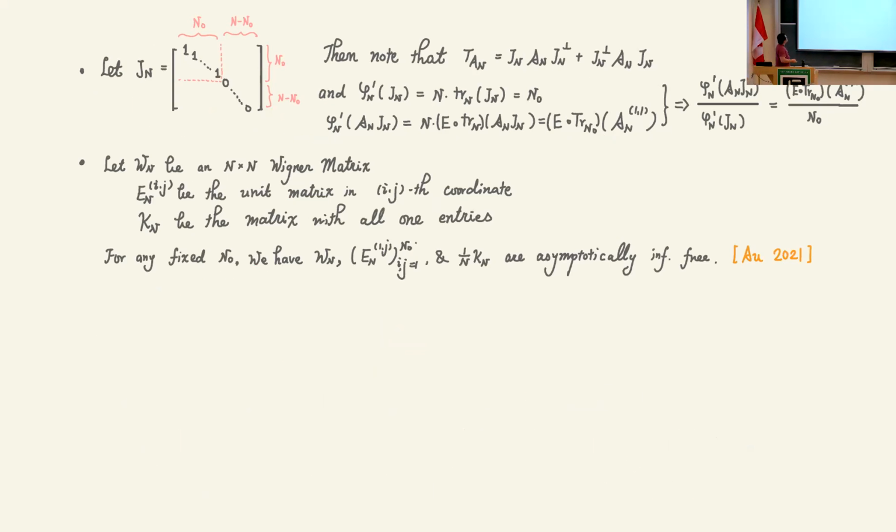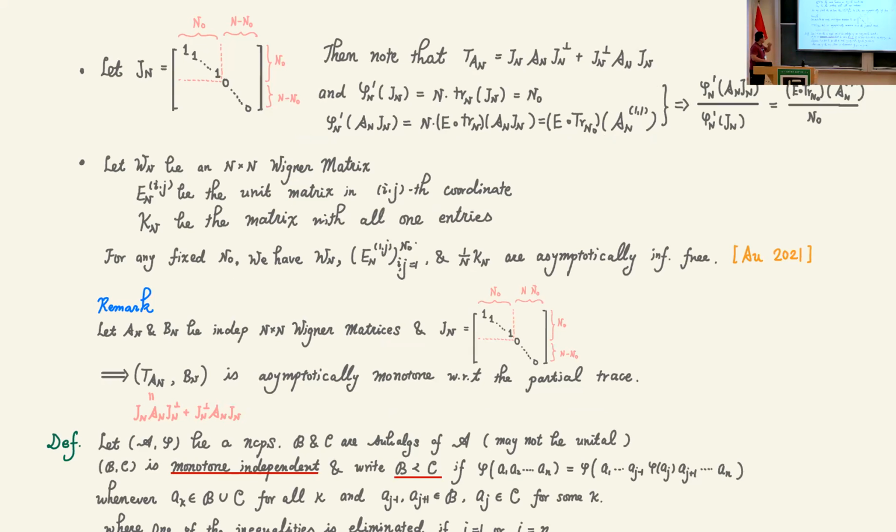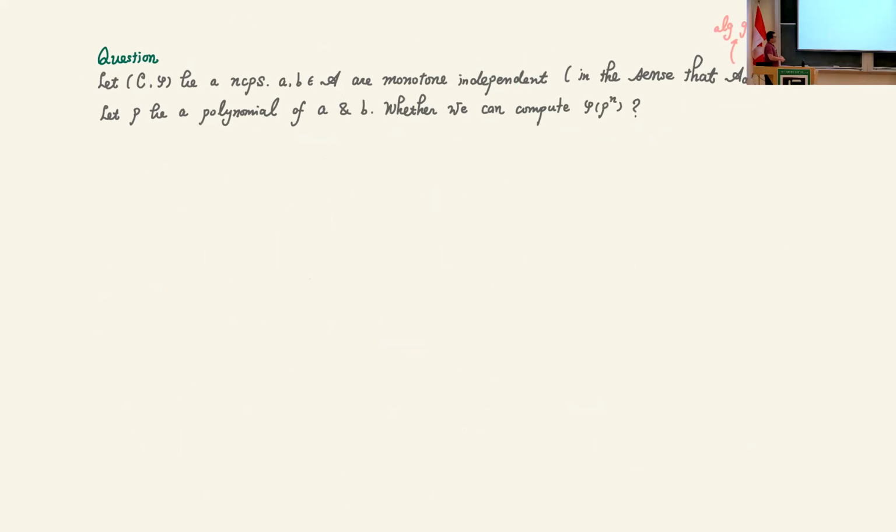Okay, so here I will skip this. This is the definition of monotone independence, and thanks to Jose, I skip the definition. So now we have a way to create many monotone independent random matrices with respect to the partial trace.